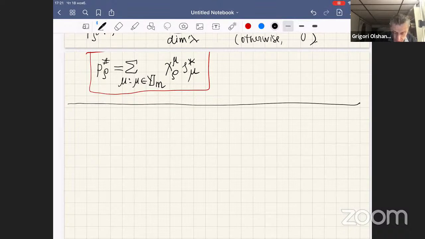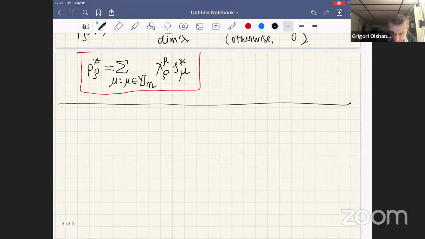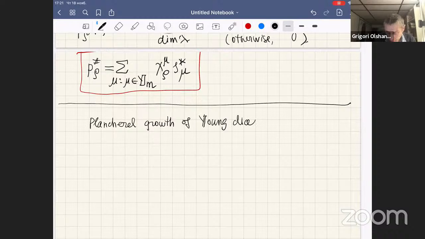So the subject can be titled as follows: Plancherel growth of Young diagrams. So this is the subject I want to discuss now.